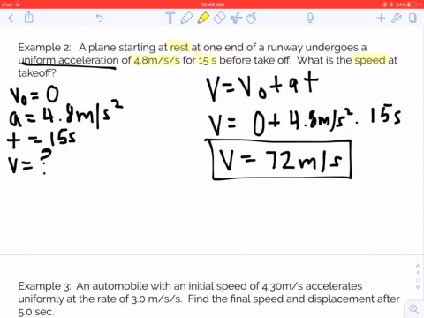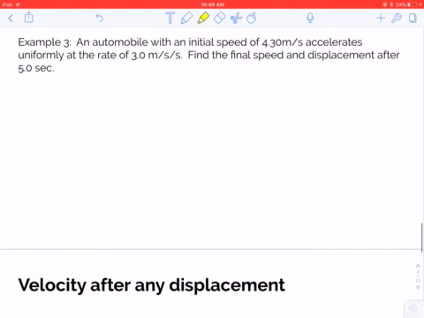Okay, so let's take a look at example 3, still under finding velocity. In example 3, we have a car, an automobile, with an initial speed of 4.3 meters per second, that accelerates uniformly at the rate of 3 meters per second squared. Find the final speed and displacement after 5 seconds. So again, we can draw our nice diagram.